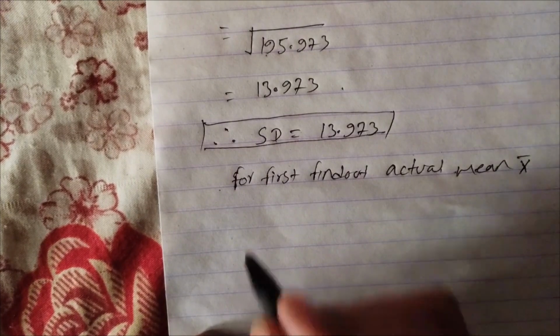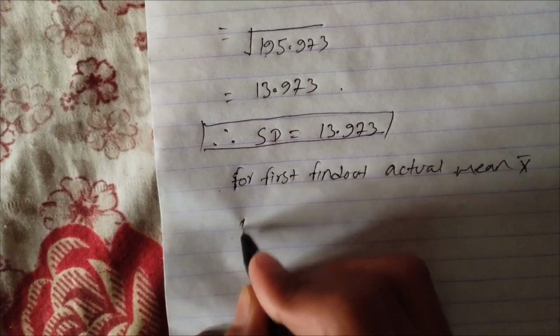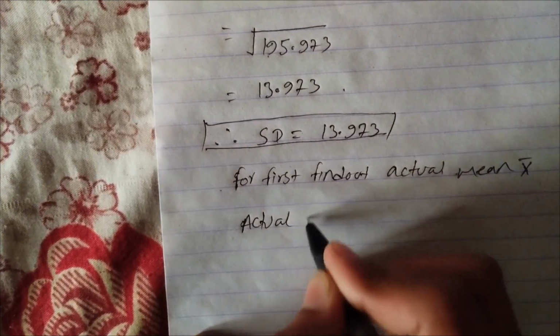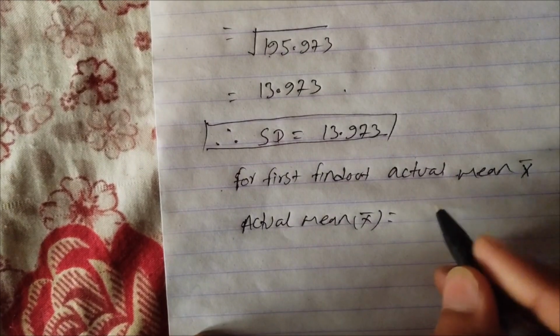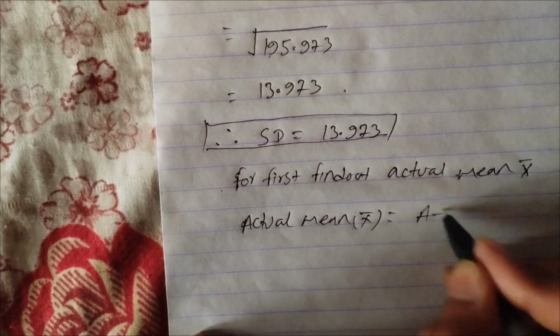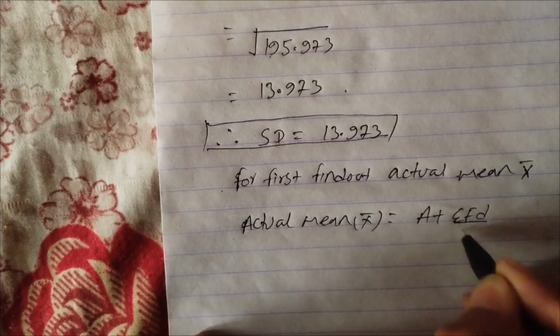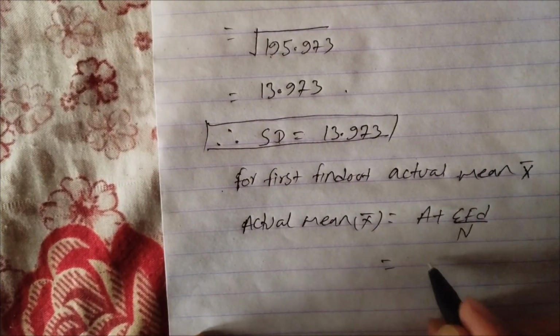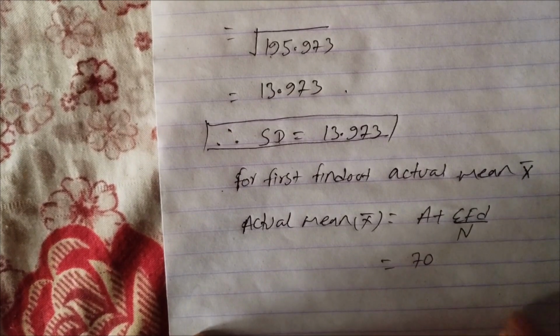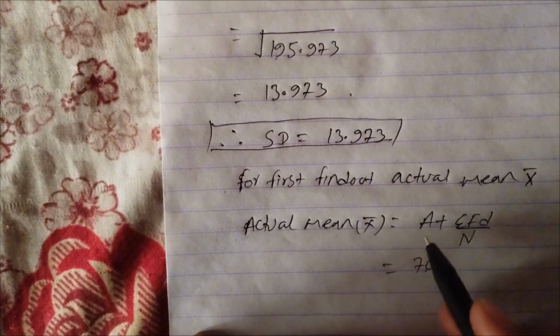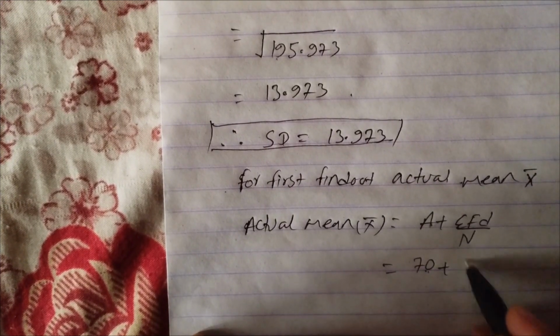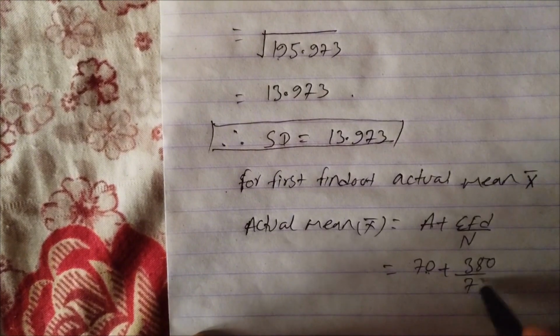The actual mean equals a plus summation fd upon n. Last time we assumed a equal to 70, so we take 70 plus 380 upon 74.